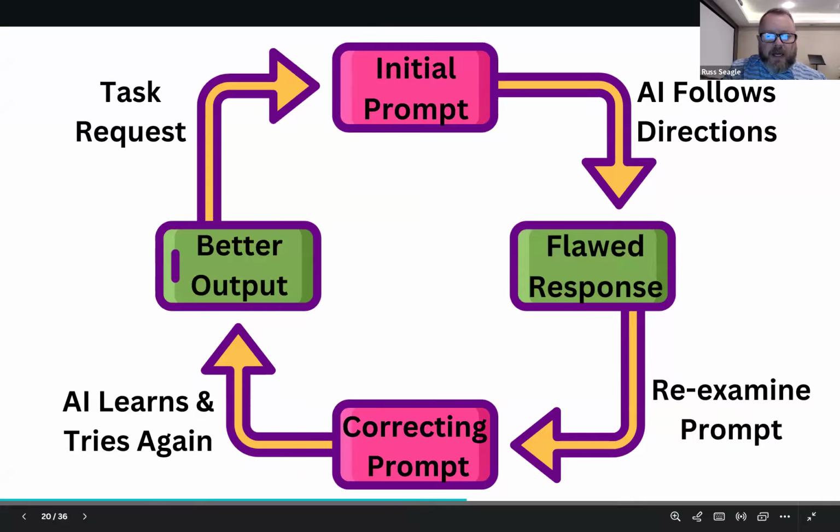Now, one of the things that you might hear is that every time you prompt it, it's destroying the environment. It's using tons of water. It's using tons of electricity. Even very long and complex prompts use maybe less than a half a thimble of water.